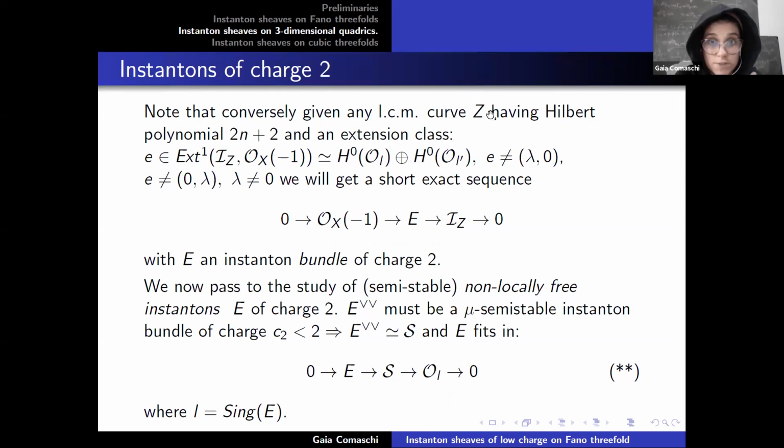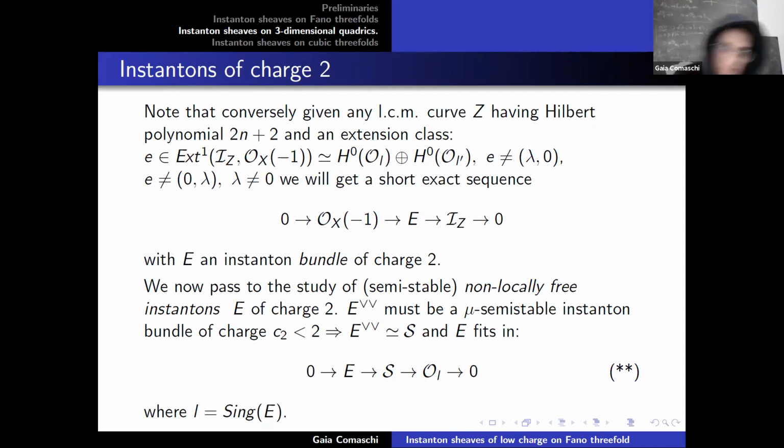Whenever we have a curve of such a kind Z and we take an extension E in these Ext groups, an extension that does not vanish on any of the two components of Z, then this extension class will define a short exact sequence of this form. And because of this assumption on E, so because we are requiring that E does not vanish on any of the components, this middle term will be a vector bundle, and computing cohomology, we can verify that E is indeed an instanton bundle having charge 2.